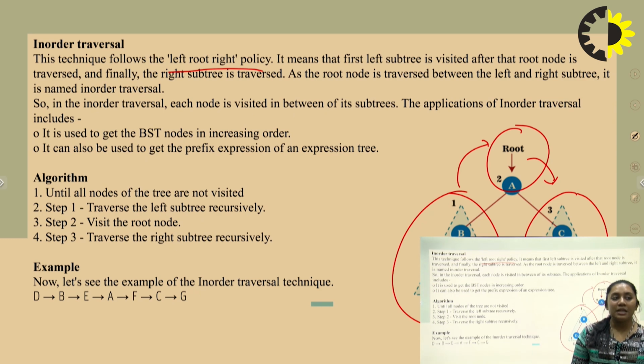So the sequence of the elements is: first they print the B element, then the E element, then D, then recursively go to the root element and print A, then they print the F element, then F, C, and D.